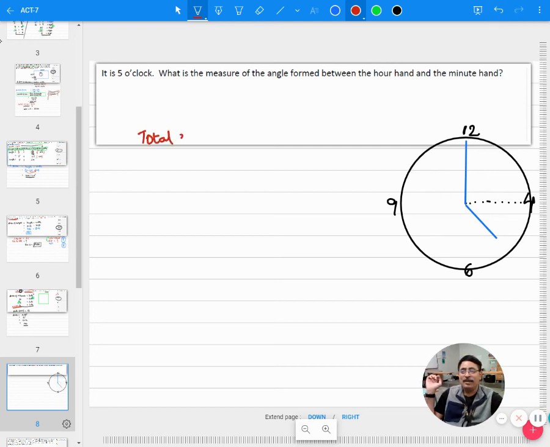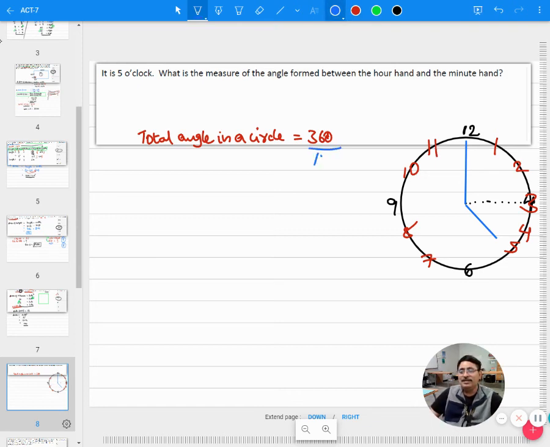I see that it is divided into 12 parts, 1 through 12. Here is 1, 2, my bad, this is 3, then 4 here, then 5, 6, 7, 8, 9, 10, 11, 12. So it is divided into 12 parts.